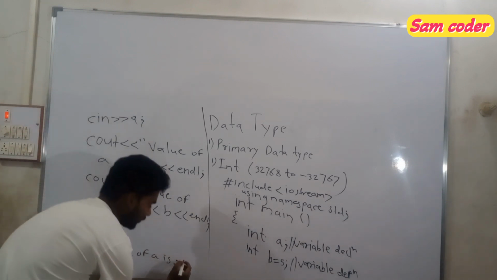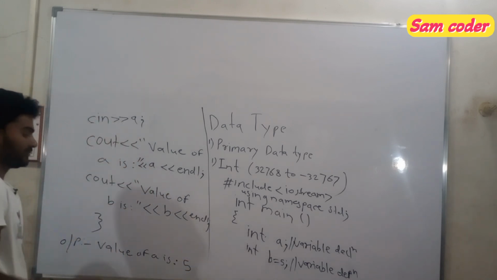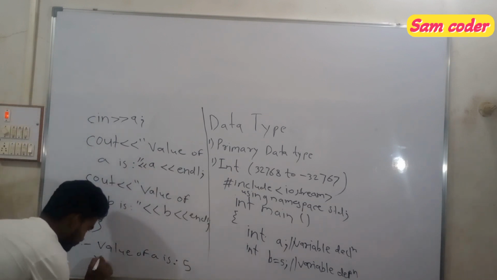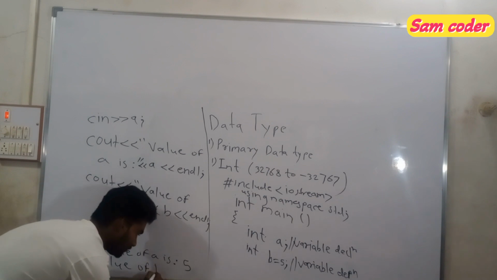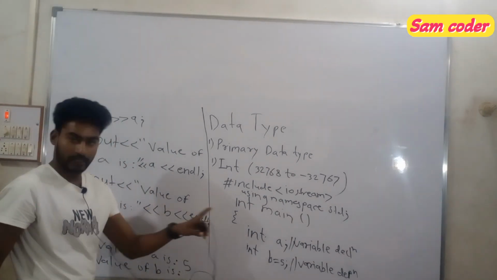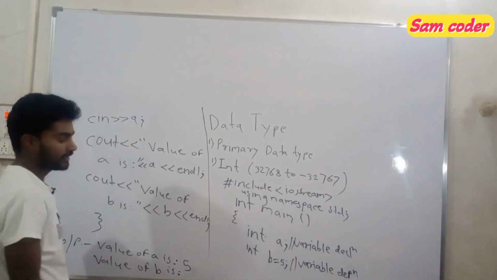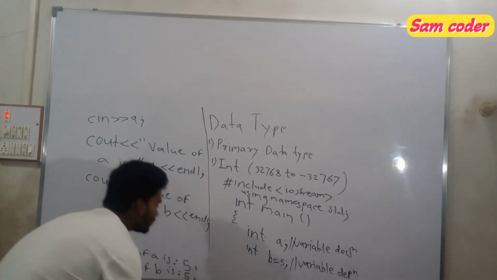So first it will take input from the user, and if the user gives an input of 5, then the output will be 5. Then the second will be value of b. We have provided the value of b, that is also 5, in the variable definition, so that will also come here.